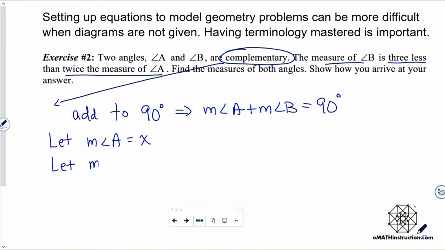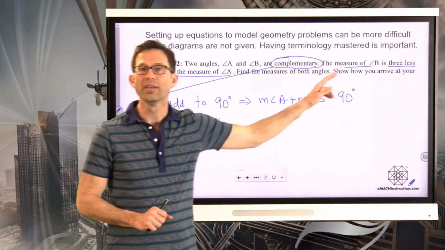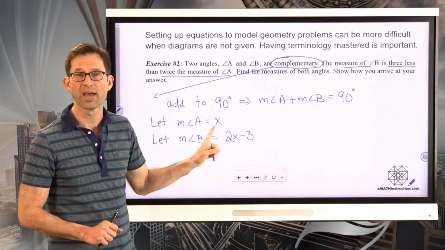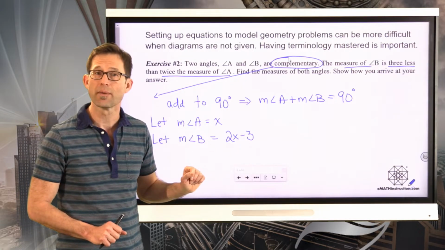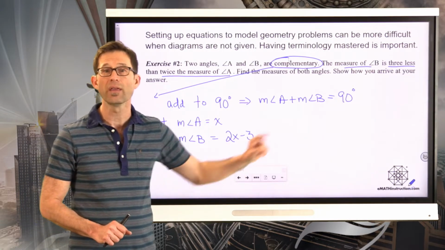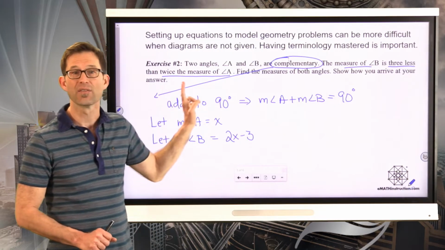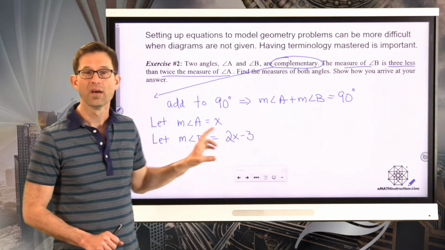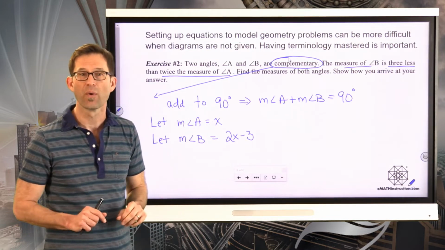Now, the measure of angle B is 3 less than twice the measure of angle A. So if the measure of angle A is x, 2x is twice the measure of angle A, and 2x minus 3 is 3 less than twice the measure of angle A. And now I can take this, combine it with this, and set up an equation that I can solve.